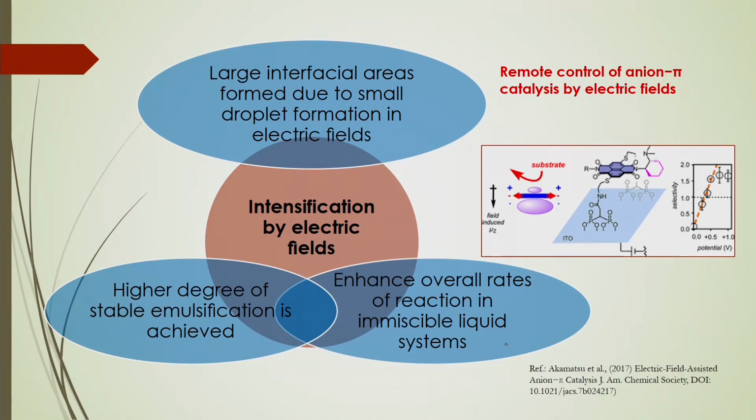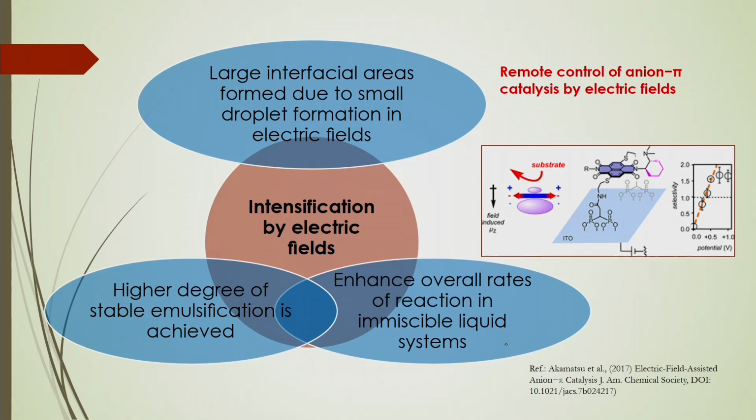In that case, a higher degree of stable emulsions can be achieved, and it can also enhance the overall rates of reaction in immiscible liquid systems. So small droplet formation gives a larger interfacial area in electric fields, based on which you can intensify the reactions by producing stable emulsions in the system.